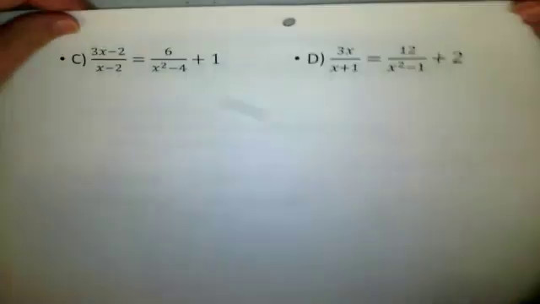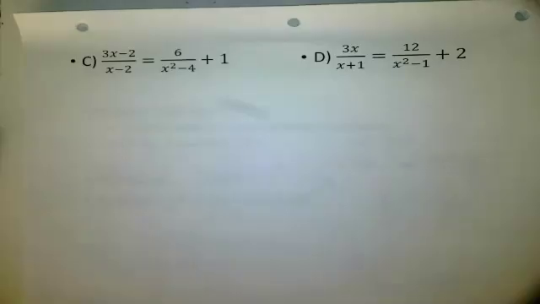Two more. Letter C. x minus 2 over x minus 2 equals 6 over x squared minus 4 plus 1.